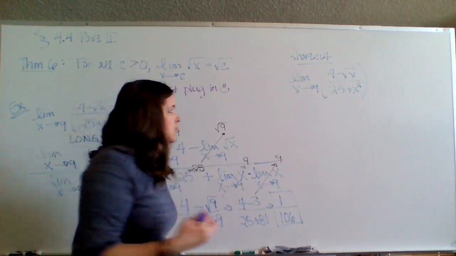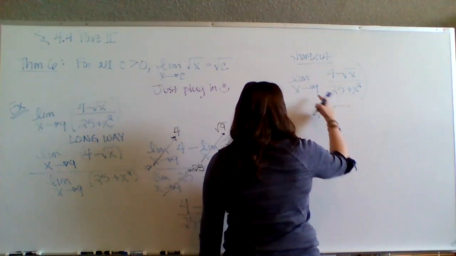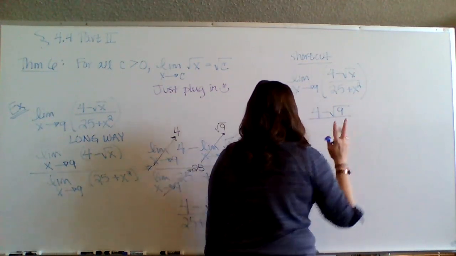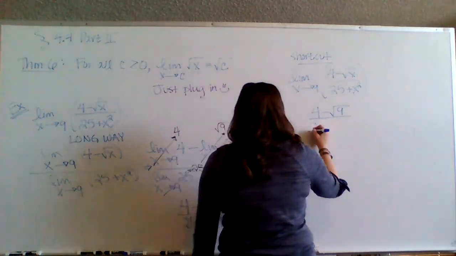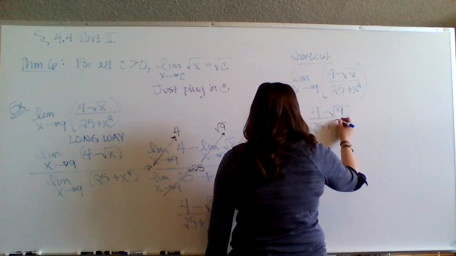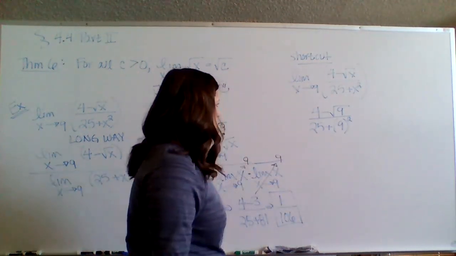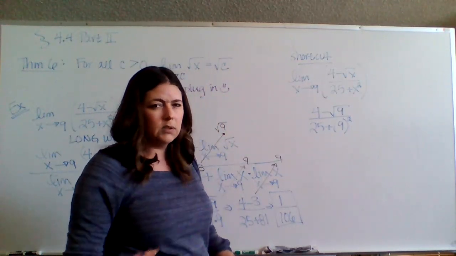We're evaluating the limit. So the 4 would still be there, minus, we're replacing every x we see with the 9. So in this case, the square root is the house over top of that replacement. So the square root of 9 over 25 plus, I'm replacing this x in the denominator also with 9, and it's still squared. Well, remember we talked about just working vertically down and simplifying as you go. You don't need to rewrite it with limit notation at the end.